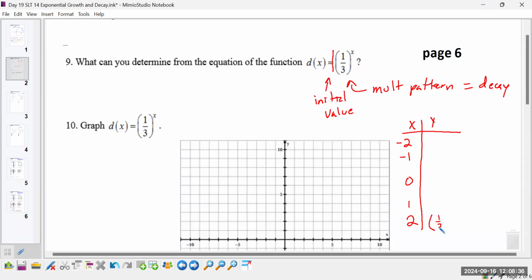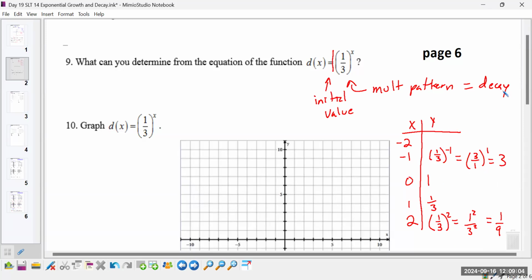If I have 1/3 squared, I square the 1, I square the 3, and I get 1/9. Anything to the first power is itself, so I just have 1/3. Anything to the 0 power is just 1. Now, when I raise 1/3 to the -1 power, it's like raising its reciprocal to the first power. So we just get 3.